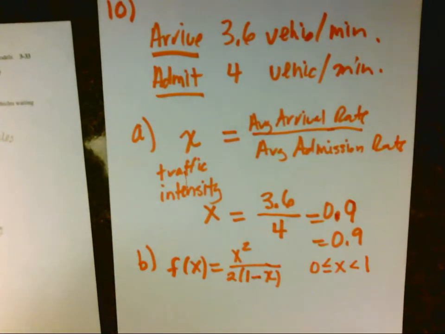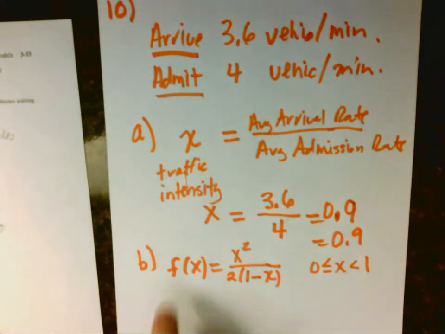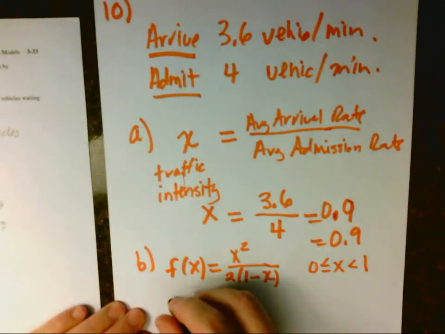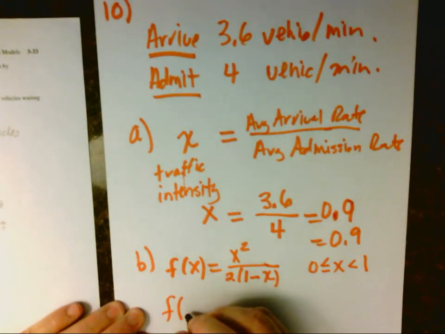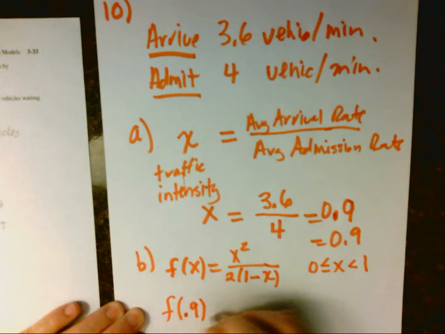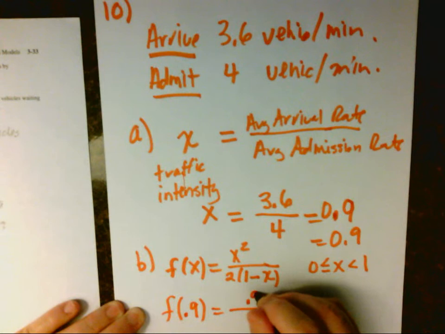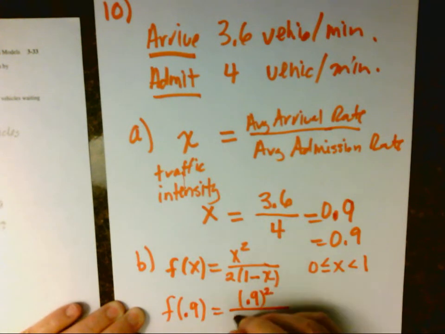Good. And it says compute the average number of vehicles waiting in line, and that's what this tells us, the average number waiting in line to enter the ramp. So in our particular function, when the traffic intensity is 0.9, how many vehicles on the average are waiting in line? So we take this and we put a 0.9 in there, squared, over 2 times (1 minus 0.9).